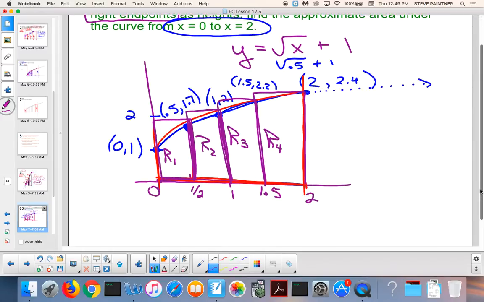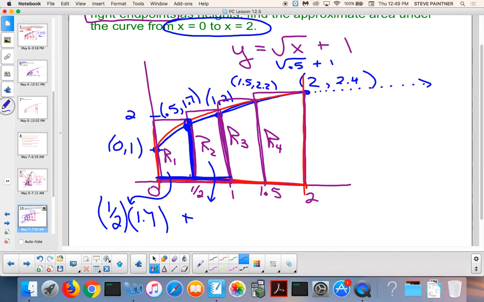Okay, help me get this right. All right, so here we go. Rectangle 1, what's the area? 0.5, half times what? Look right here. 1.7 is the height, right there. Plus rectangle 2, half times what?